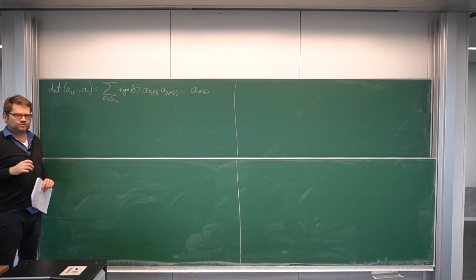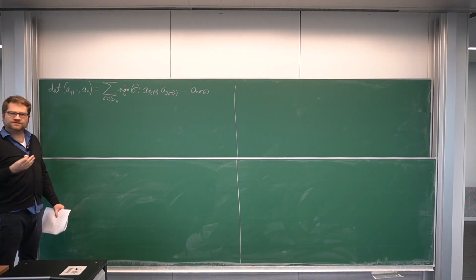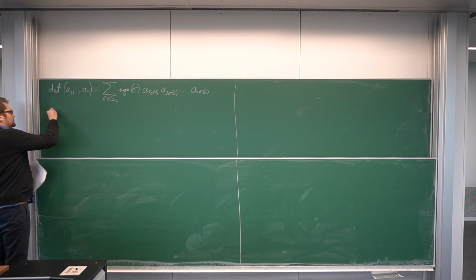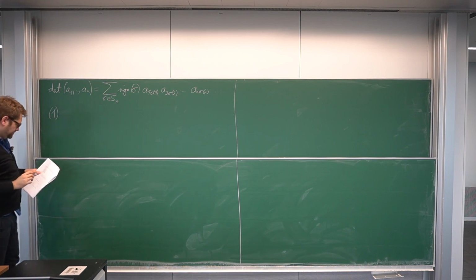So this is the expression for the determinant that we have derived, and we need to show that this is indeed a determinant by showing the three properties. So starting with property 1, the multilinearity.